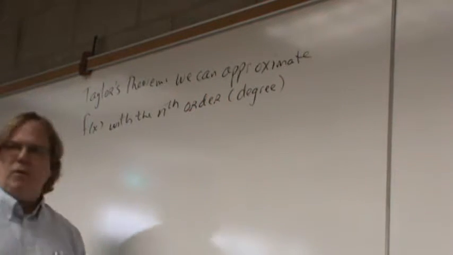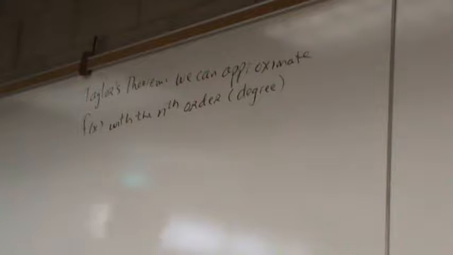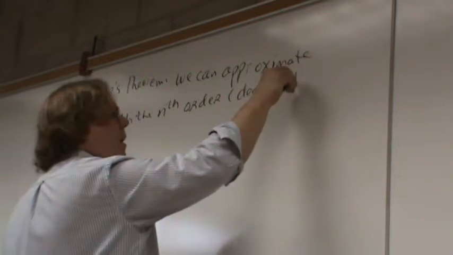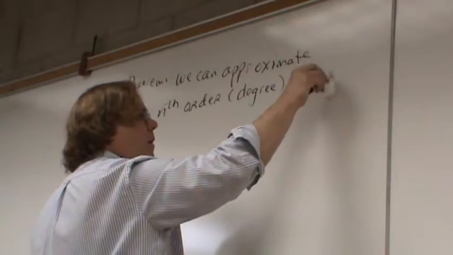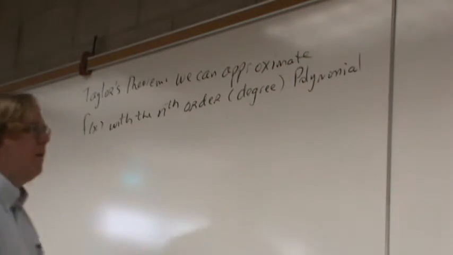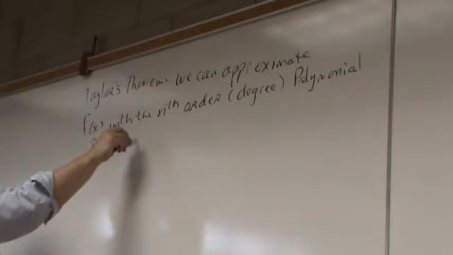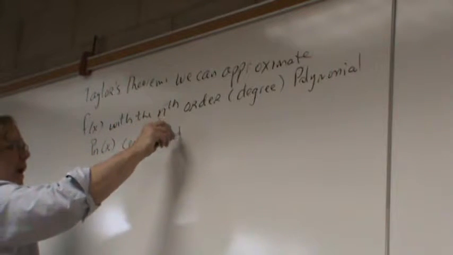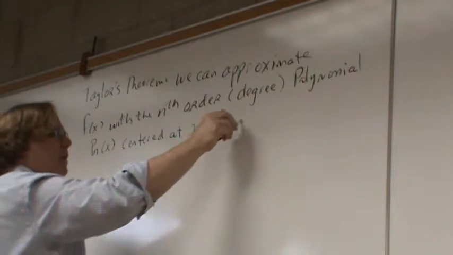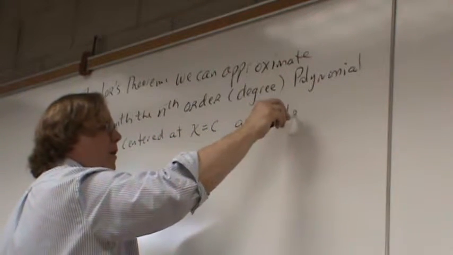That's the highest exponent term. We can approximate f of x with the nth order polynomial p sub n of x, centered at x equals c, as follows.